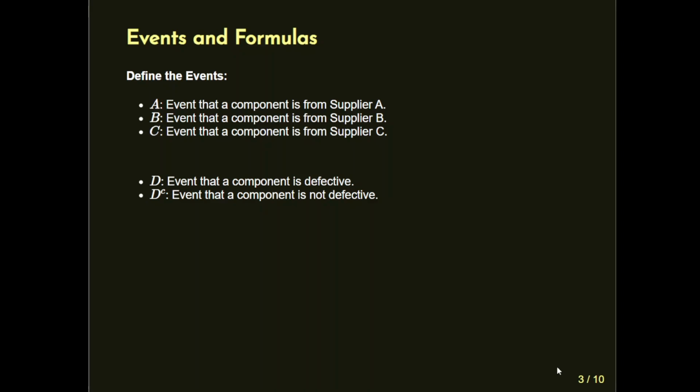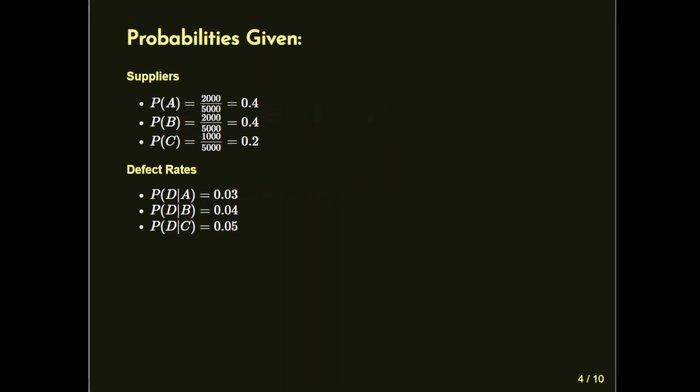And the complement of D, or DC, is the event that a component is not defective. Okay, just spell them all out there. You notice that I do include the complement of D there because that's what we're asked in one of the questions.